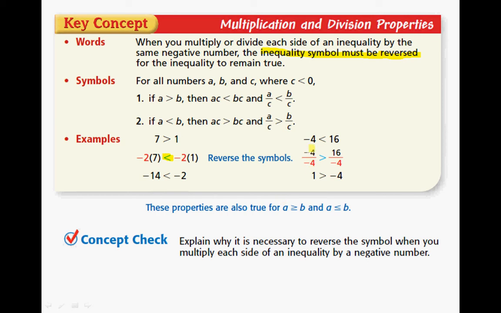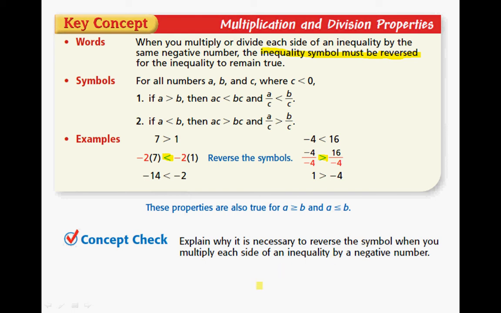Same here, if we have negative 4 is less than 16, which is a true statement, and we divide both sides by negative 4, we have to again reverse the inequality symbol so that when we get our answer, 1 is greater than negative 4. And that is also true, obviously, for greater than or equal to, or less than or equal to.